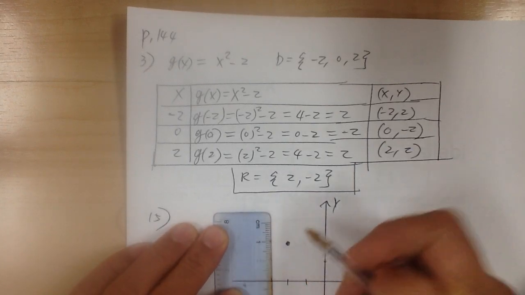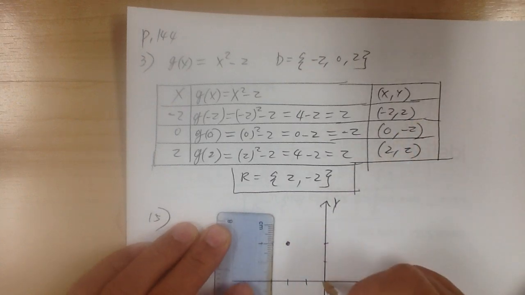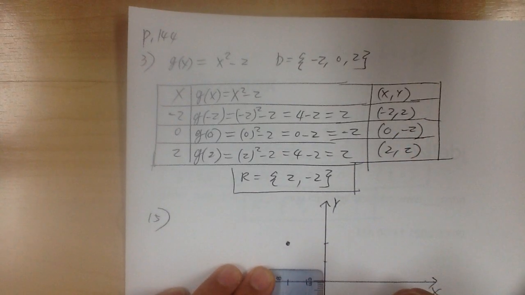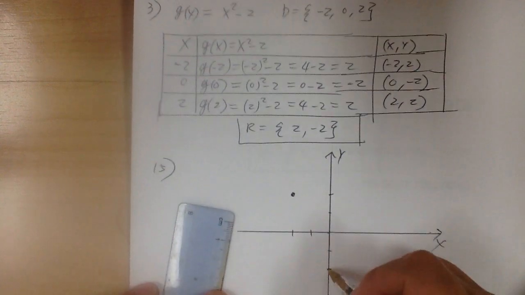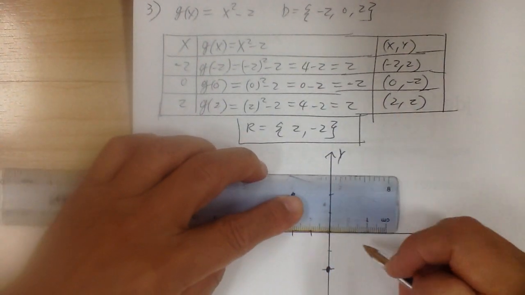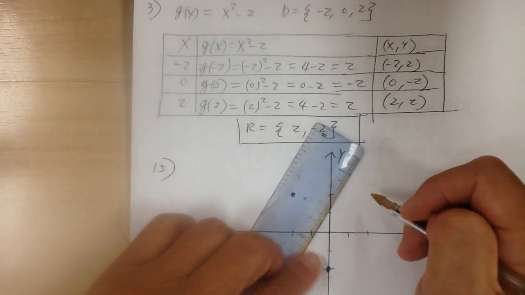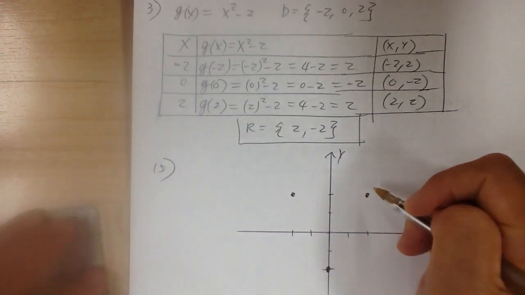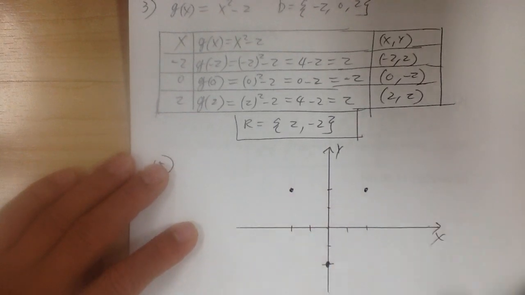Okay, so that's going to be over here. Next one is 0, -2, so 0, -2. Okay, it's going to be right over here. And then you have 2, 2. Okay, so you got these 3 points over here.